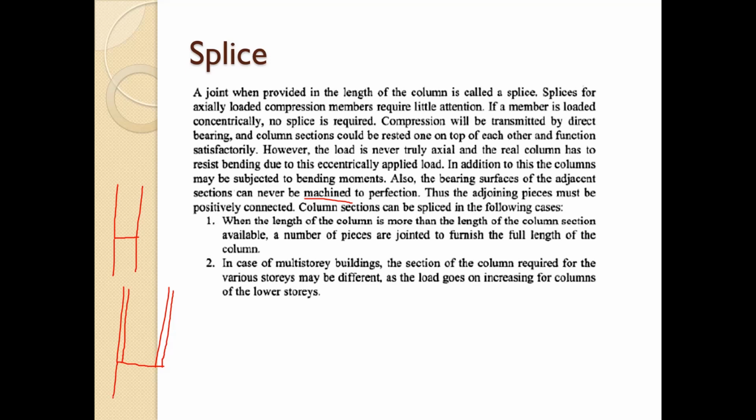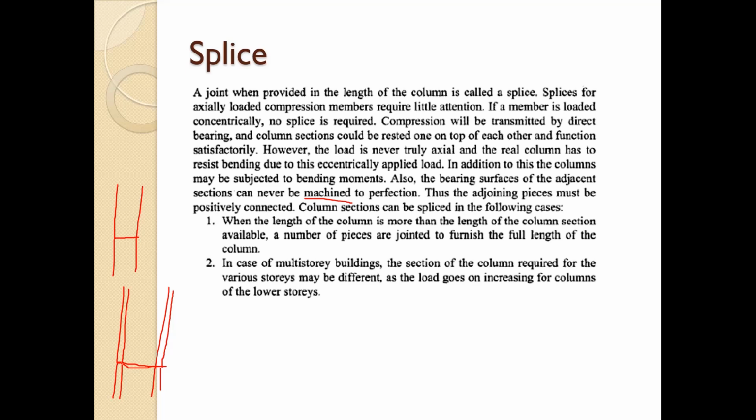If you put this column on another column, there will be some gap, something like this. Obviously the edges are not coinciding. Because of this we need to provide a splice to transfer the load. Otherwise there will be stress concentration where the columns touch each other, and the chances of crushing at that point will be there. Thus the adjoining pieces must be positively connected.